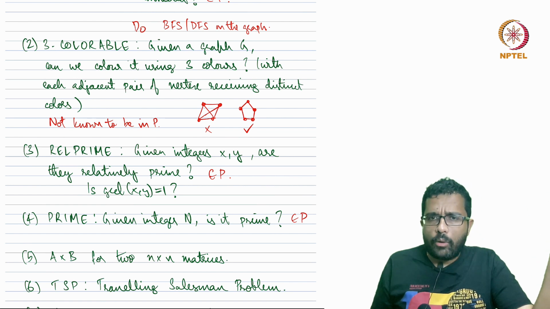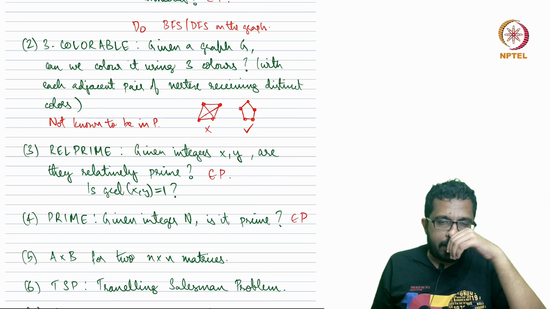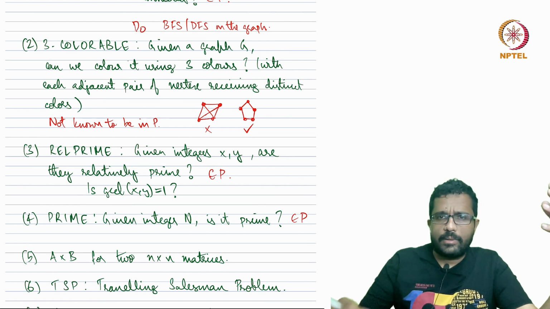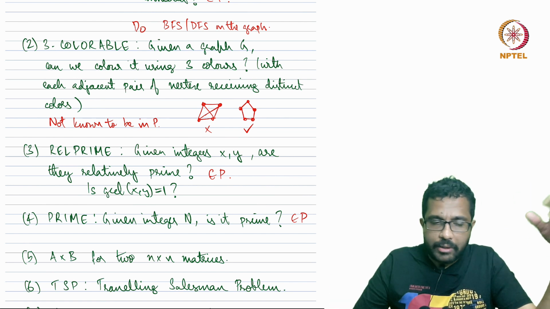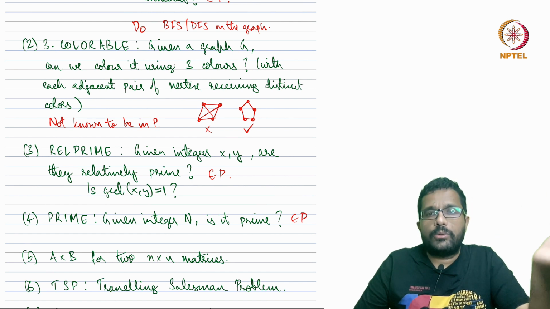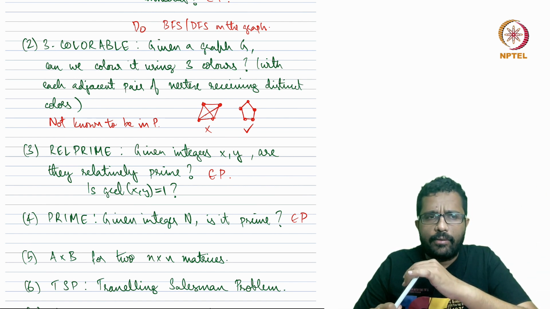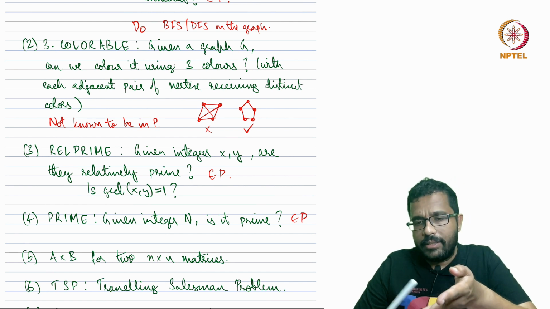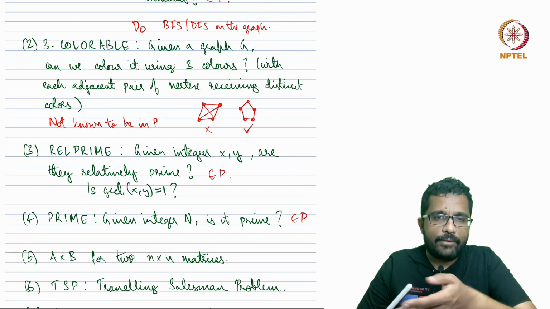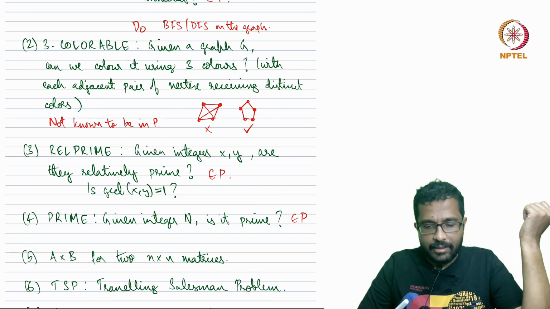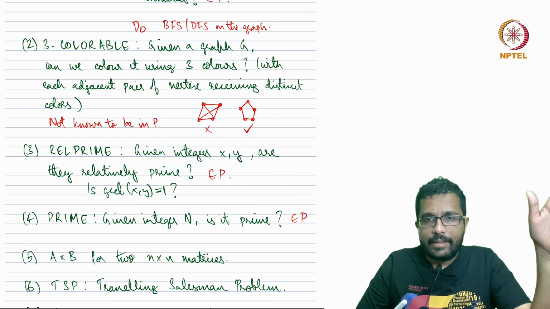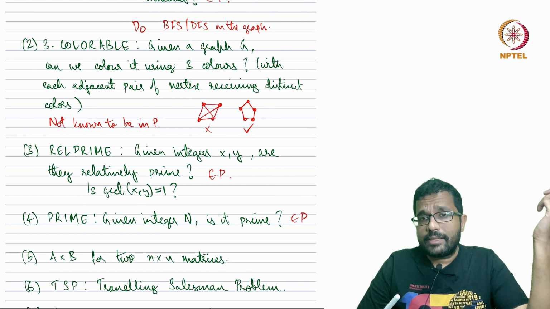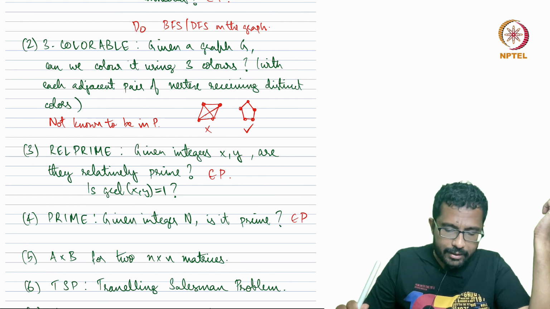So one may wonder, what is the big deal here? Given a number, you want to test whether it is prime. Can you not just try out all possible factors? Let's say you are given the number 241. You check whether it is a multiple of 2. Is it a multiple of 3? No, it's not. It's not a multiple of 5 either. You try out all possible prime factors, and you have to rule out everything up to square root of n.